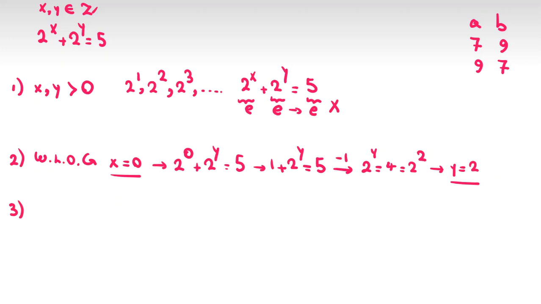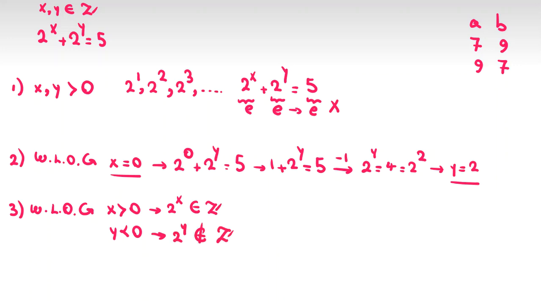Third case. One of them negative, one of them positive. Without loss of generality, suppose x is positive, y is negative. Because x is positive, 2 to the x is an integer. Because y is negative, 2 to the y is not an integer.